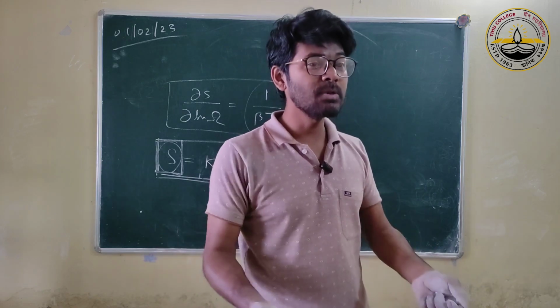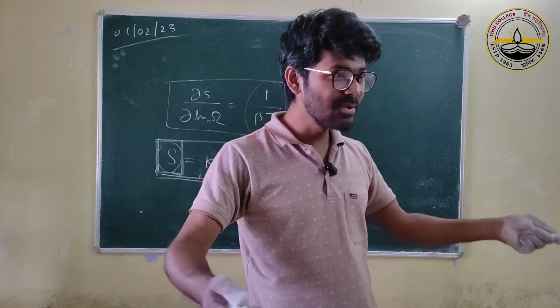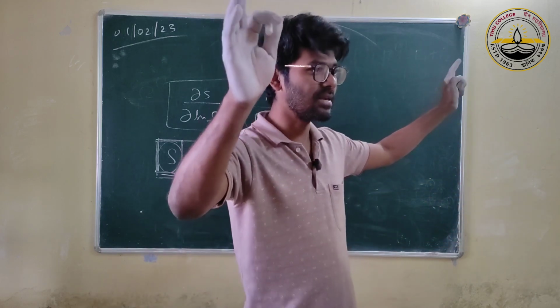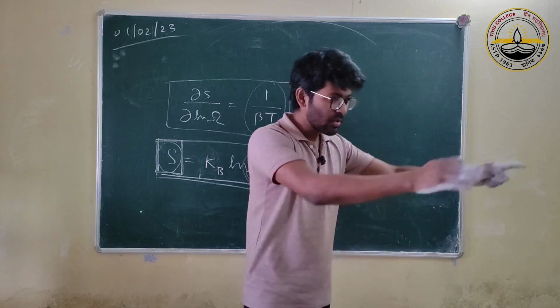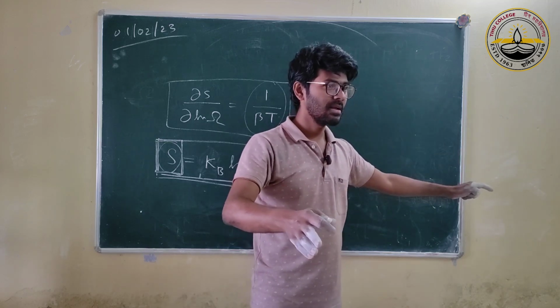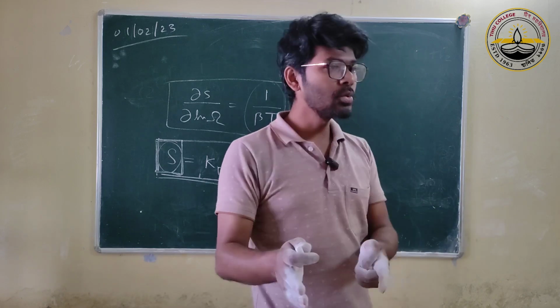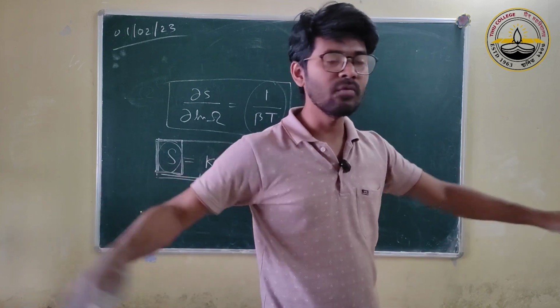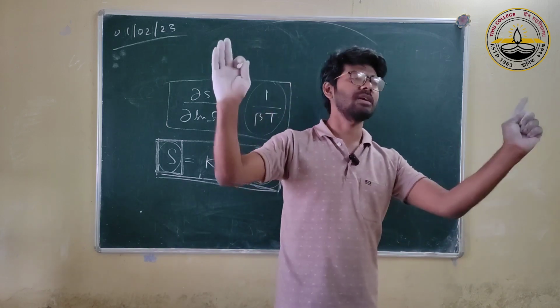Now the most probable state is where there are more number of ways you can get the same disorganized state compared to organized. If you organize it now, it has very few microstates compared to disorganized, where there are more ways you can change it and it will be the same disorganized.